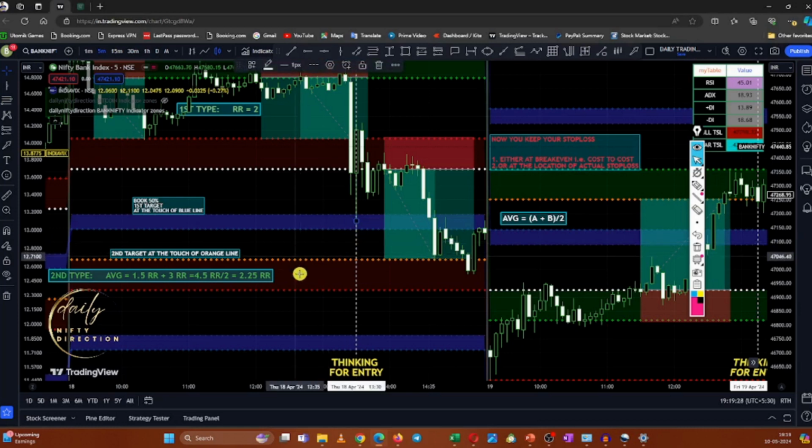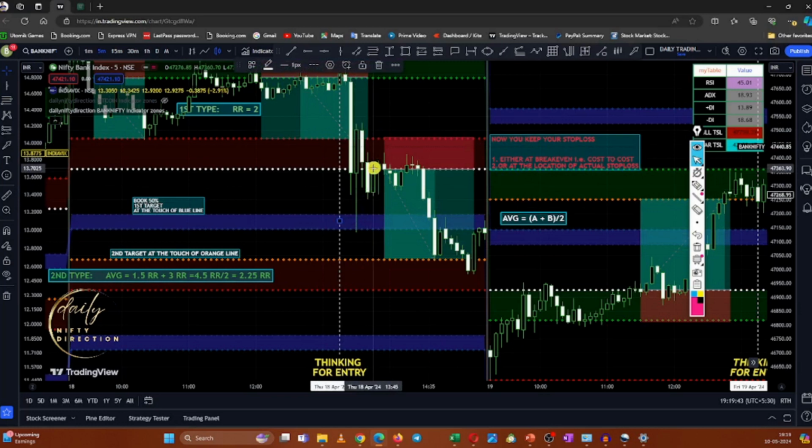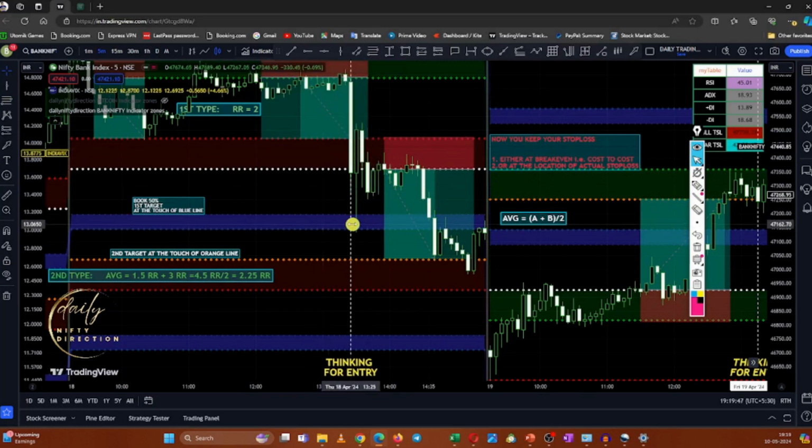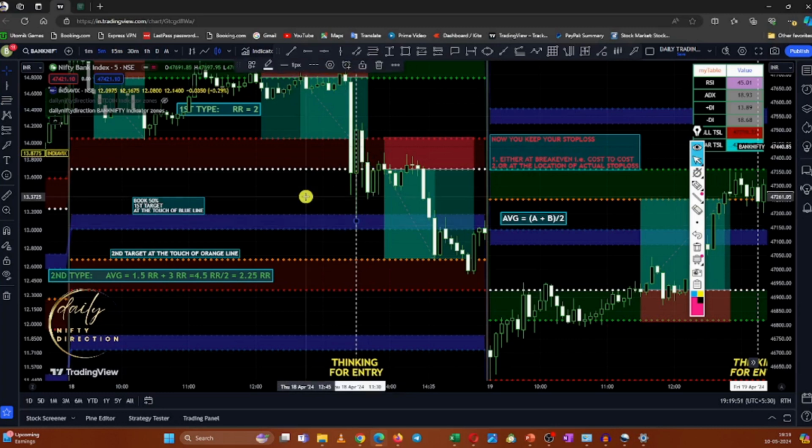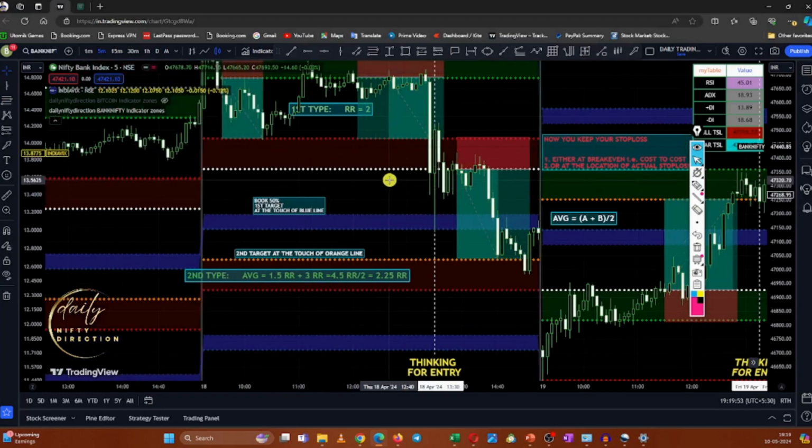Then you will shift your thinking for entry here, because your SL was not respected here, and here you got confused. If you see this candle, it is looking like a bullish hammer, so you got confused that it has not respected your zone, and you are now in confusion.